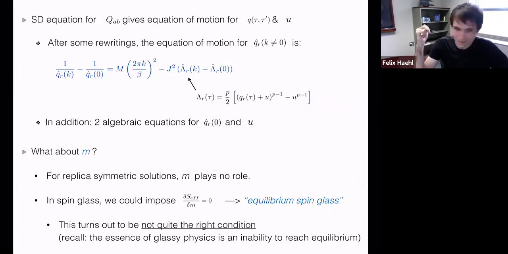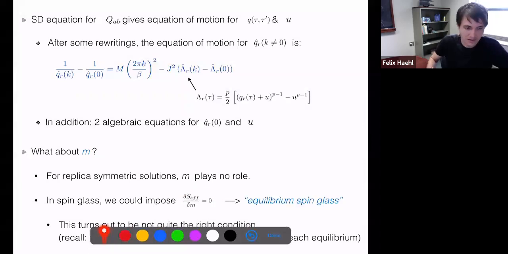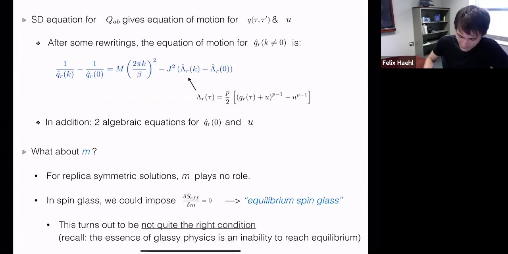In some sense, the fact that the glassy phase doesn't reach equilibrium can be thought of as having to do with the fact that we do not impose this extremization later. But I'll get back to this subtlety. So for now, let's just run with this, and then I'll get back to how to determine m more properly.